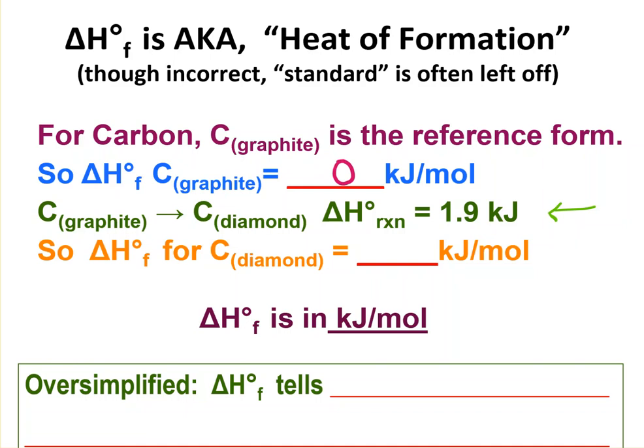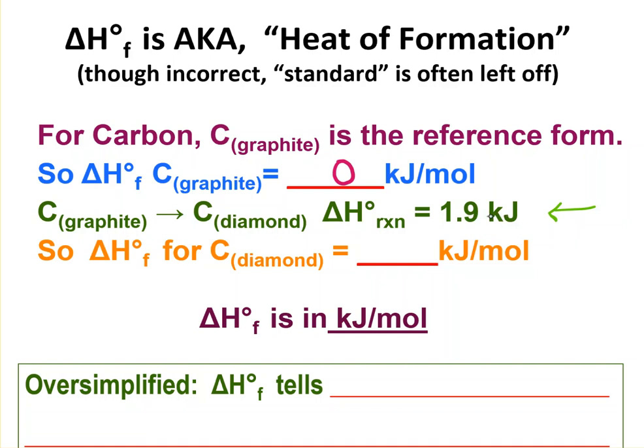Right here, what it's saying, let's consider diamond. If I had carbon that's graphite and I wanted to do a reaction to make carbon that is diamond, the heat of that reaction is 1.9 kilojoules. That's how much heat it takes.